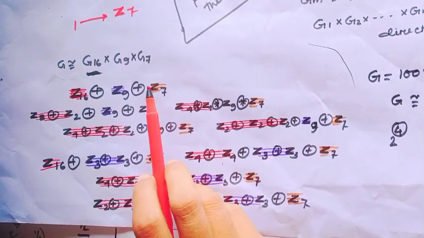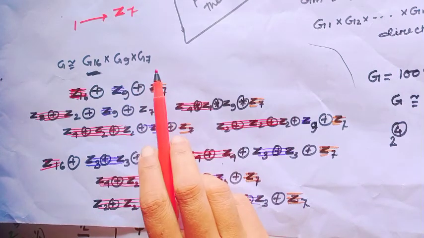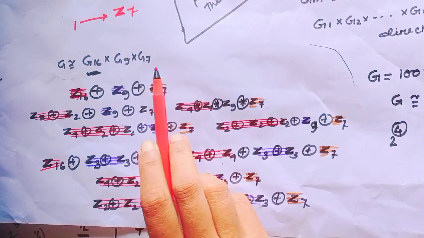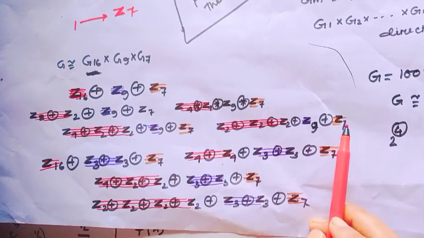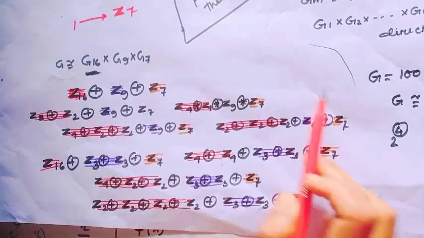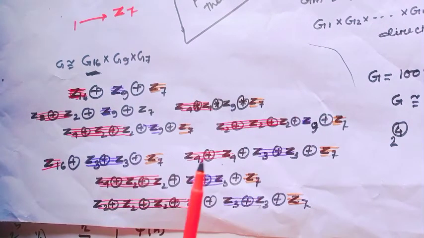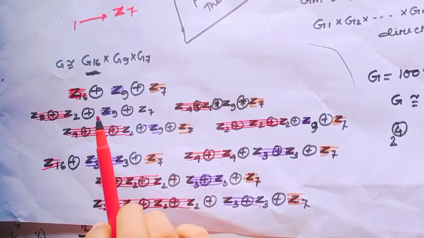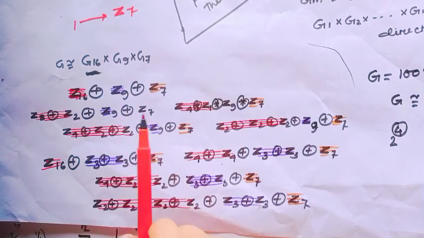And there exists only one way to make the subgroup of order 7, only this. Therefore, actually there exist 10 different ways. G is isomorphic to one of these.